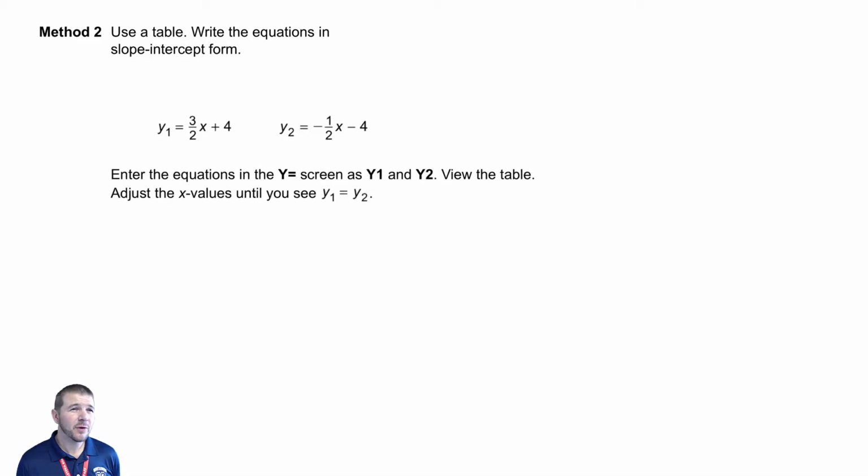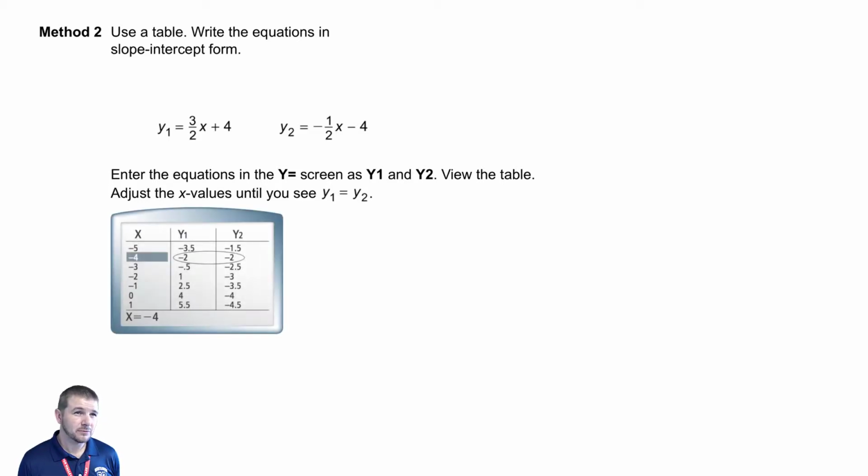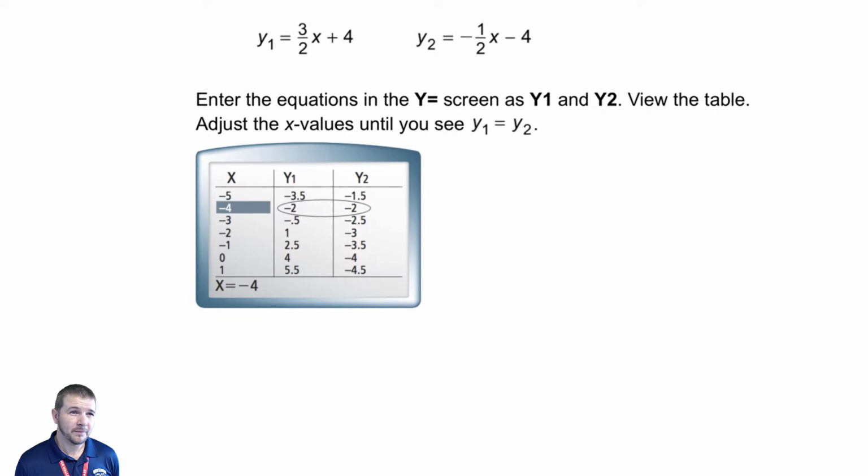We can enter those equations in the y equals screen on a graphing calculator as y1 and y2, and then view the table. On the graphing calculator, we'll start typing in x values as inputs into both functions, and the calculator will calculate the y values that go along with those.